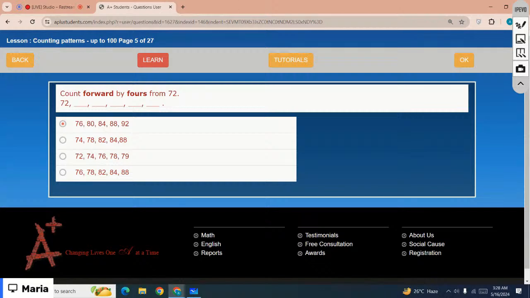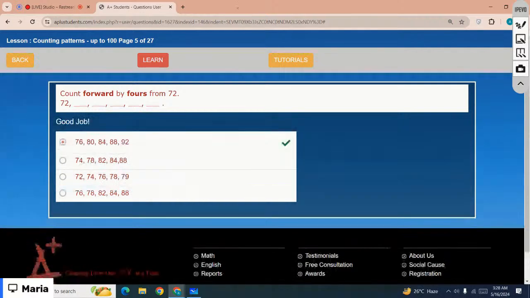So 72 plus 4 is 76, plus 4 is 80, plus 4 is 84, then 88, and then 92. But I am sure no one looked at the correct option. No one added the numbers. That's why when I said you guys answered the wrong question, you were looking for option 2, 3, and 4, right? But that's option number one. So, Karen, I'm sorry.